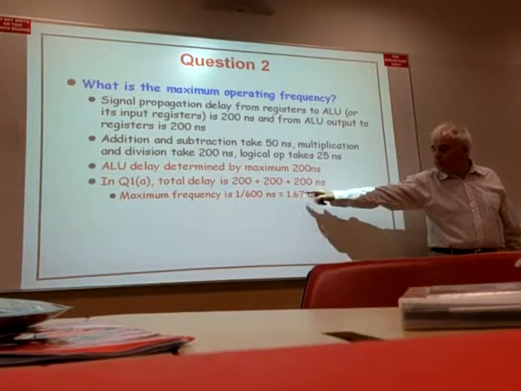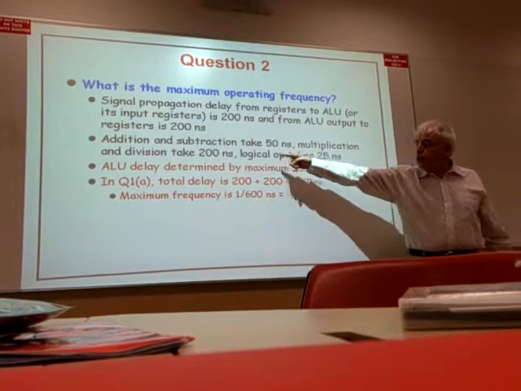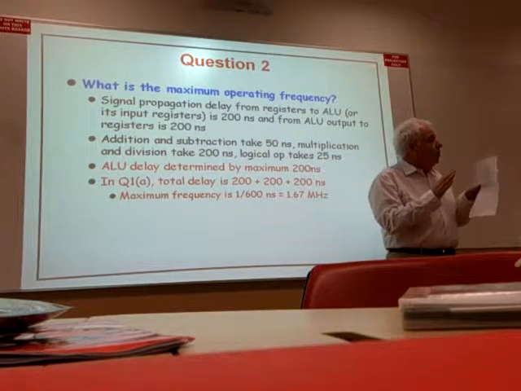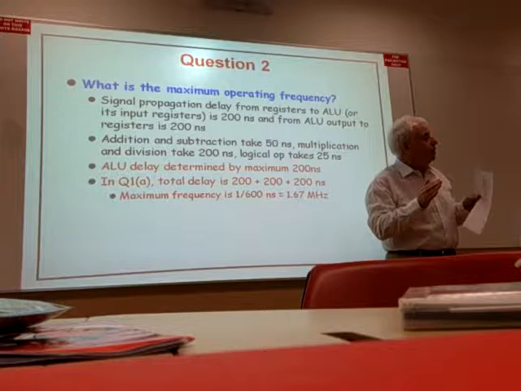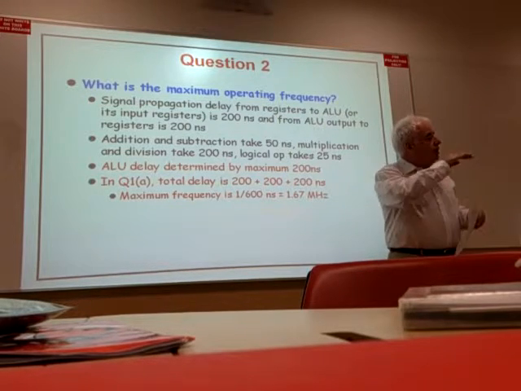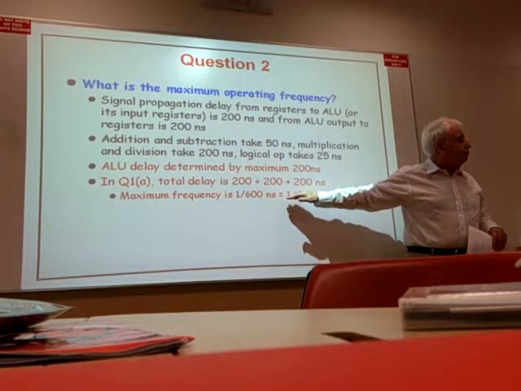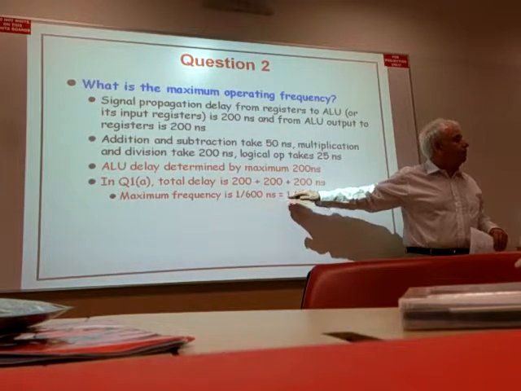But if you operated above this frequency, then you wouldn't be able to do all of this in one clock cycle. The clock cycle has to be at least 600 nanoseconds. So that's up to a maximum of 1.67, but for a lower frequency you can still operate everything. Okay, so that's for the maximum frequency.